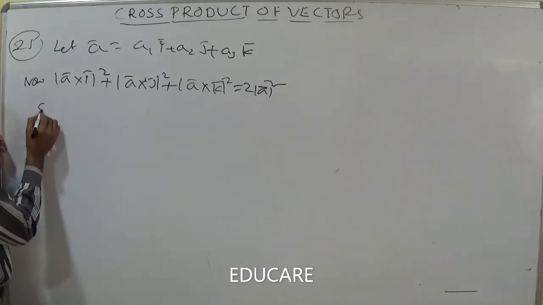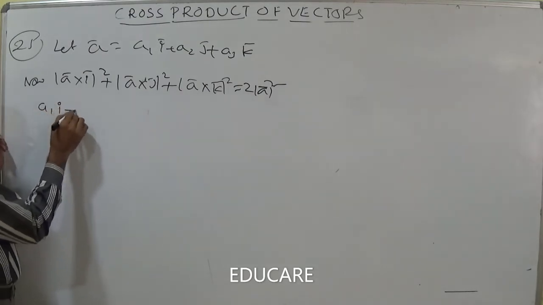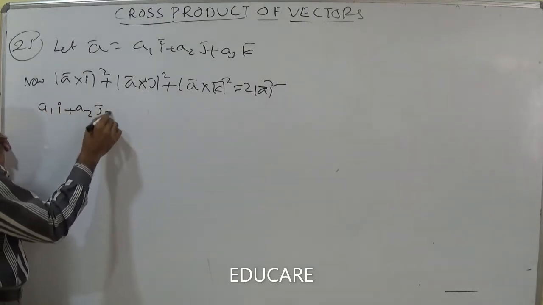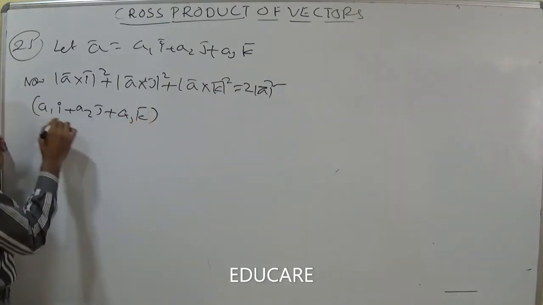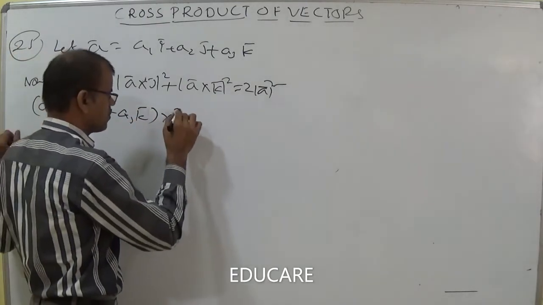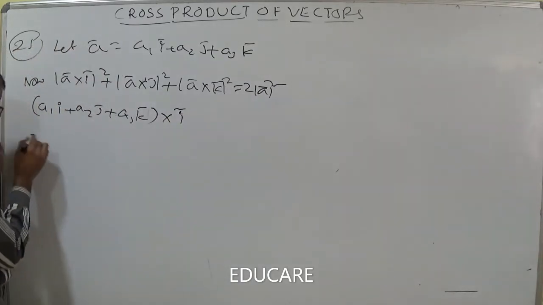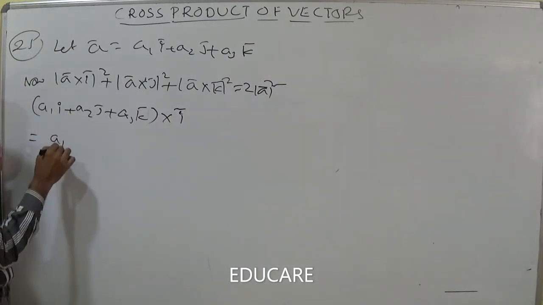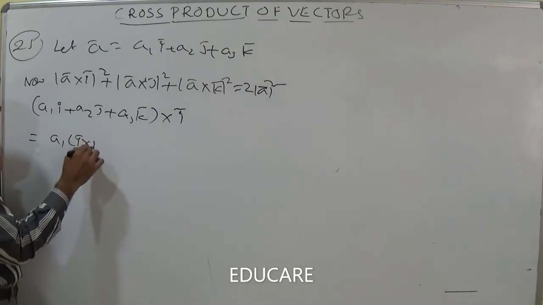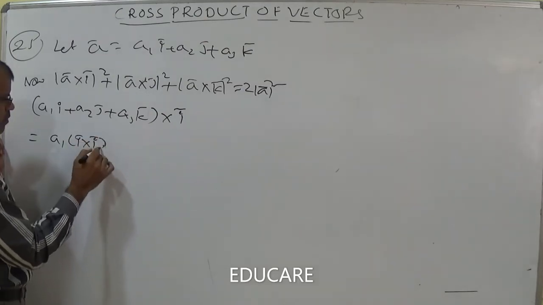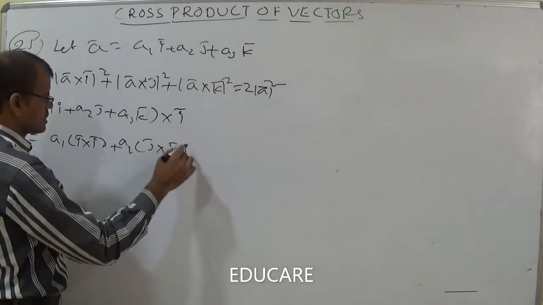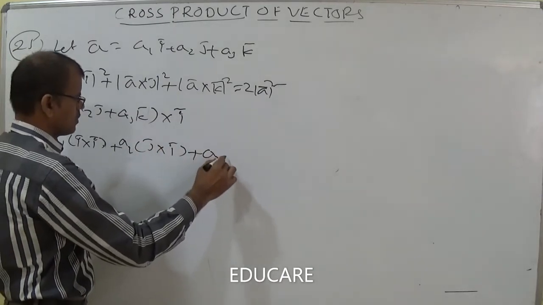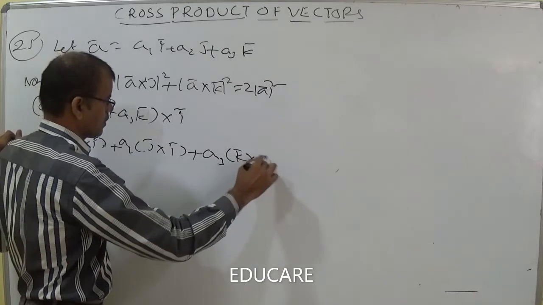A cross i means A1 i plus A2 j plus A3 k, crossed with i bar. You can multiply like this: A1 into i cross i plus A2 into j cross i plus A3 into k cross i.